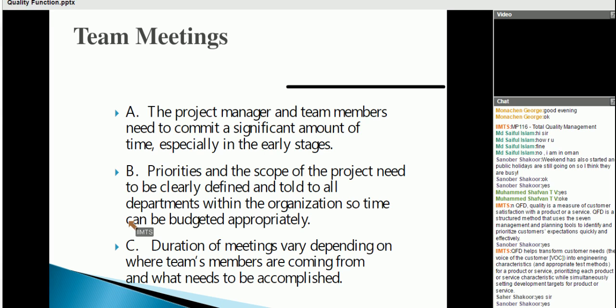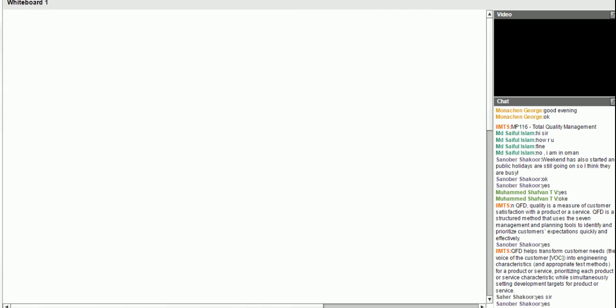Let me take the chocolate chip cookie QFD so that it will be more clear to you. Let me share it. Okay, I'm uploading the file of how the matrix and the graphs or charts look like in a QFD.